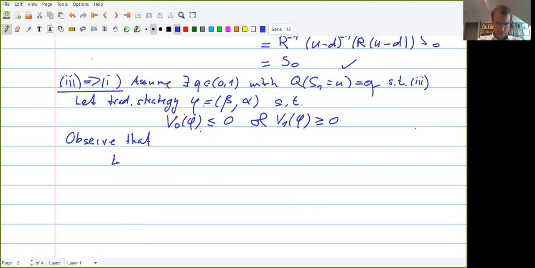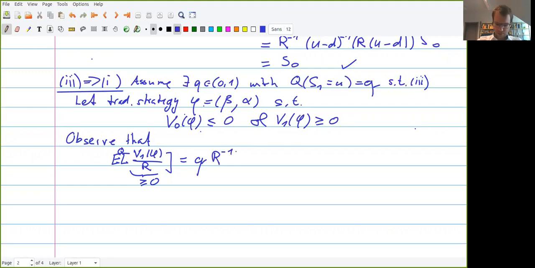So what we want to consider now is, we take this Q, we consider the value process at time 1 divided by R, which is by assumption strictly non-negative. This is how we constructed it, or assumed that we have such a trading strategy.